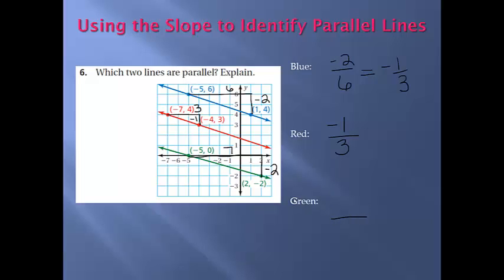So our rise over run, our rise was -2, our run was 7. So for the green line, our slope is -2/7. So we want to identify the parallel lines. Parallel lines have the same slope. So the blue line and the red line would be parallel because their slopes are the same.